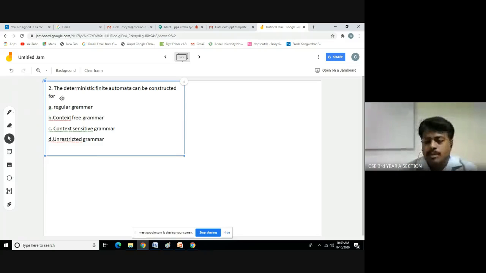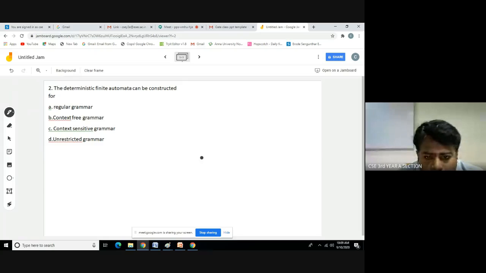You already know about the classification of finite automata. In finite automata we can classify into DFA, NFA, and one more, epsilon NFA.